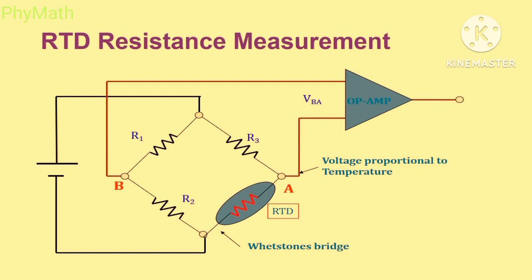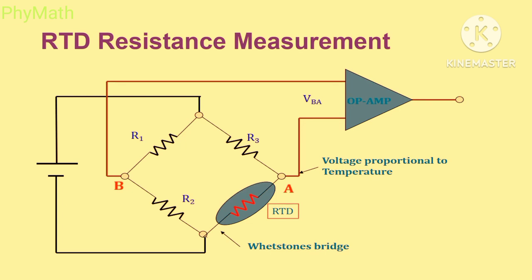Now take one example. Suppose by using a solder gun you heat the RTD. When you heat the RTD, the resistance of RTD will change, so R1 upon R2 is not equal to R3 upon the resistance of RTD. Why? Because when you heat the RTD, the resistance will change according to positive temperature coefficient.